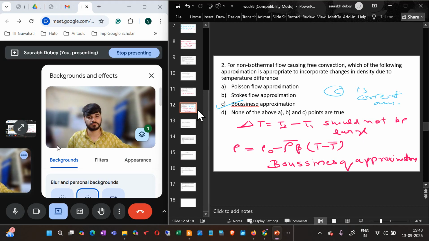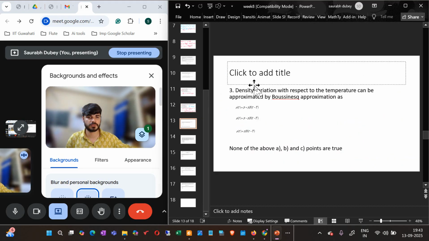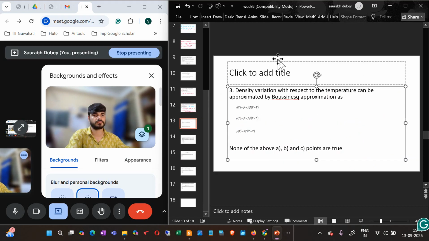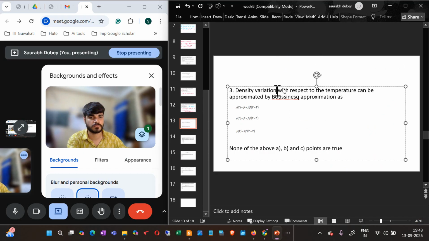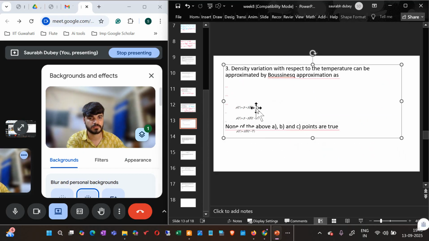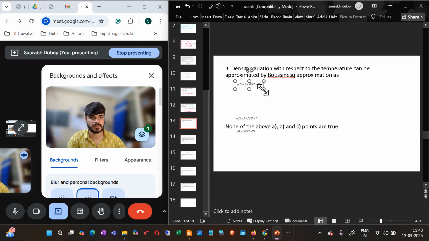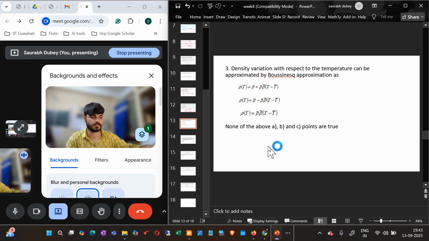So now moving to the next problem. So this problem if you look at, let me just fix it here. So this is the option A. Now the option B. Now this is the option C. And option D we are having none of the above, right?